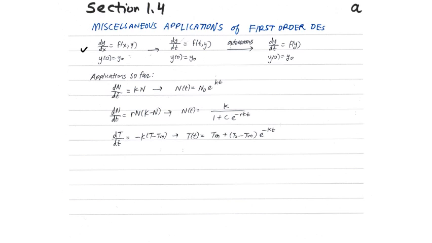Our general first order DE in standard form looks like that, where x is our independent variable and y is our dependent variable.